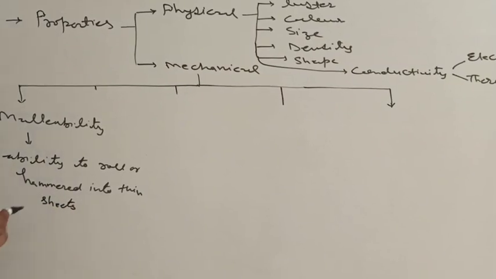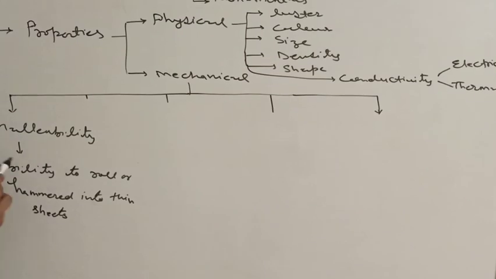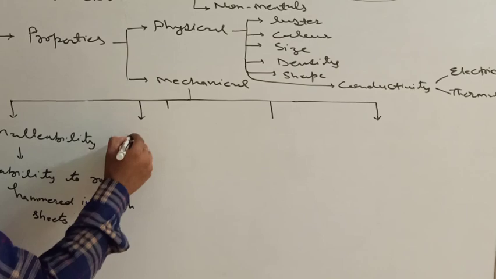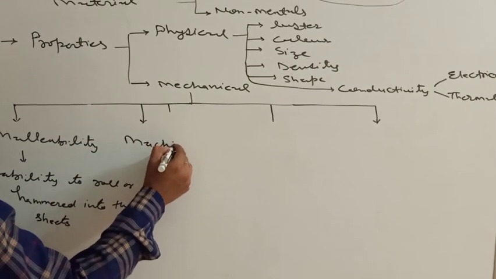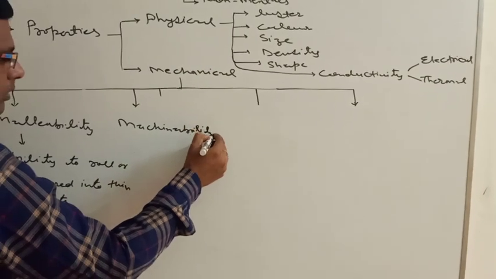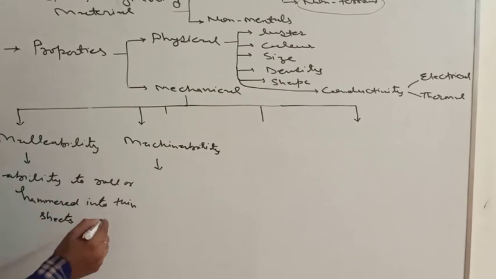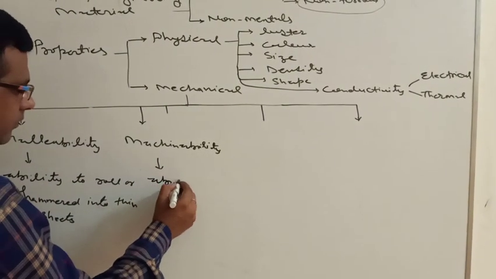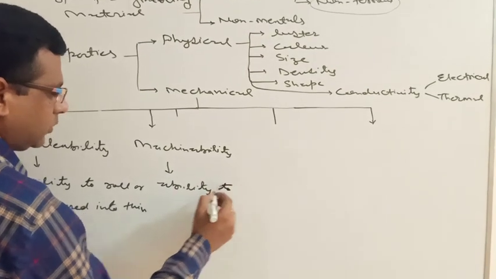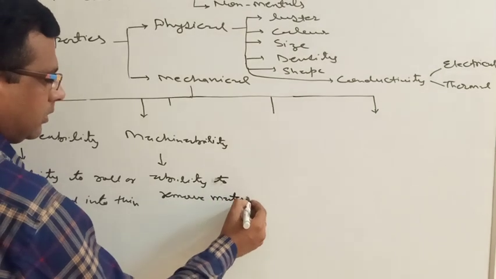If we can convert a material into sheets by rolling or hammering, then the property is known as malleability. Machinability is also a property of materials: the ability to remove or cut a material.